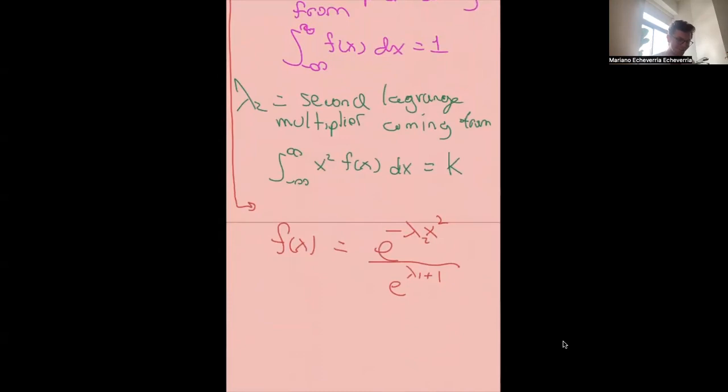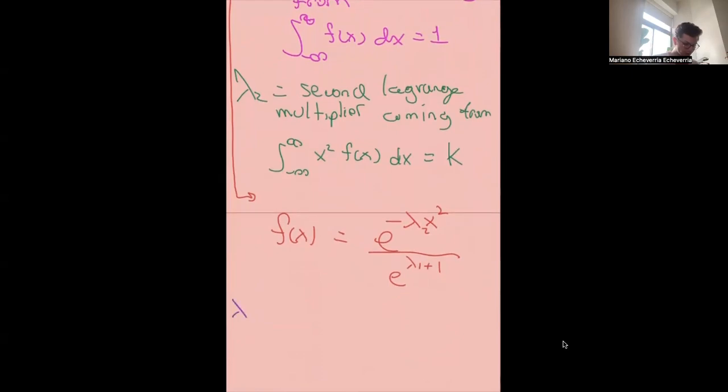So this already looks like a Gaussian, right? And then the values for lambda 1 and lambda 2 are found from the constraints: lambda 1 from the first constraint, and lambda 2 from the second constraint.